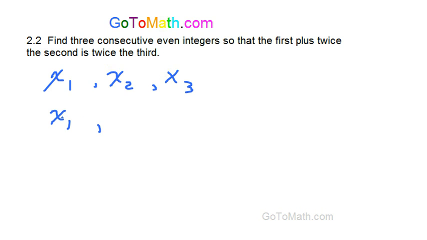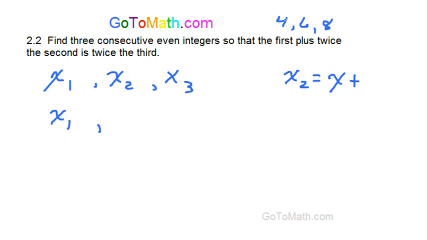Now the relationship between x2, let's just write it over here. x2 is equal to x1 plus, now remember they're consecutive even integers. Here's an example: 4, 6, and 8. That's an example of three consecutive even integers.